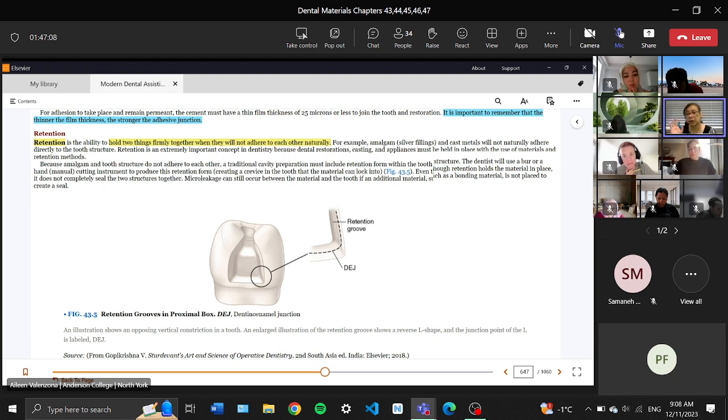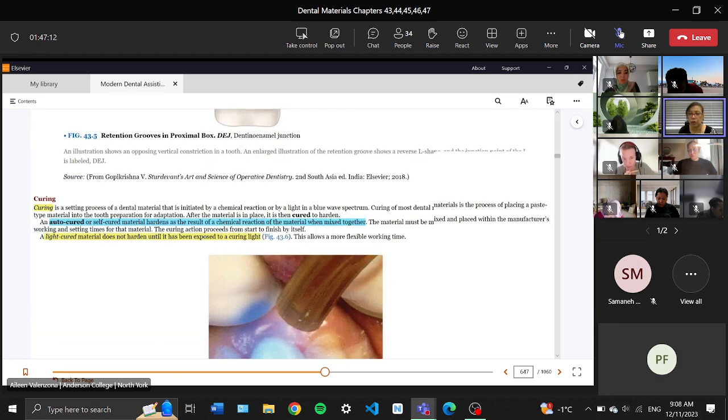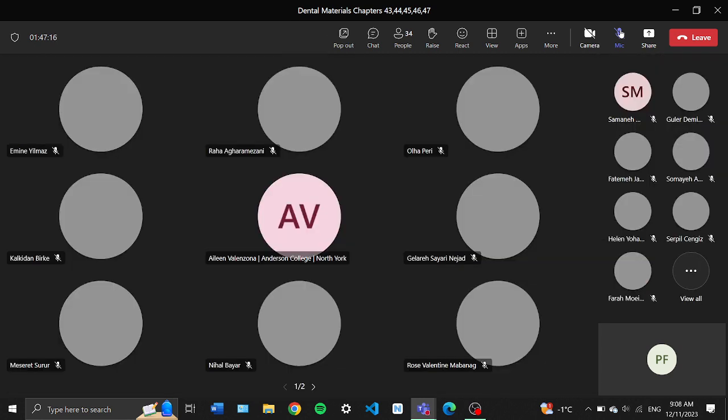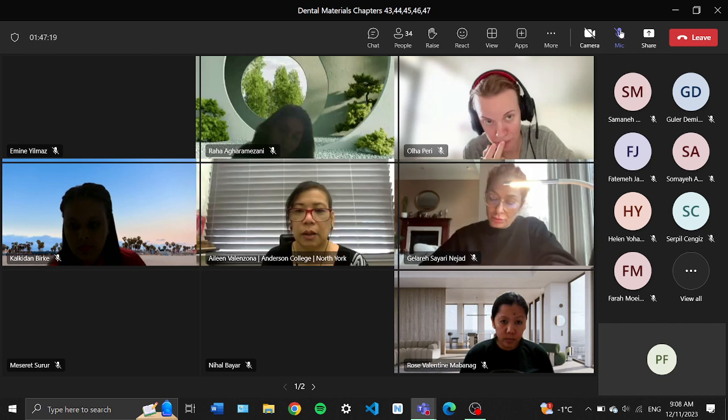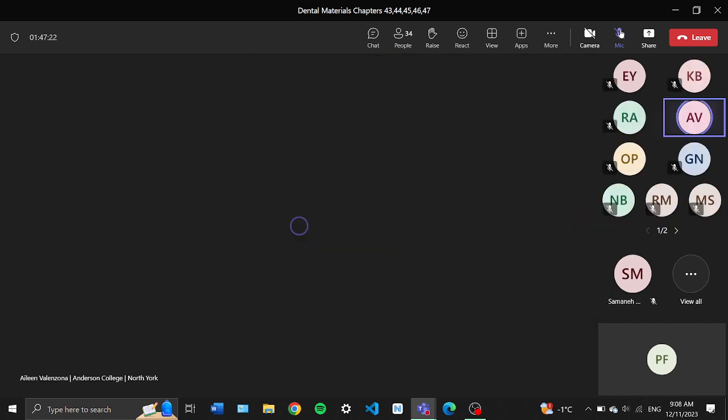For composite, it's a different story. So for amalgam, they do that, and for composite it is another way.